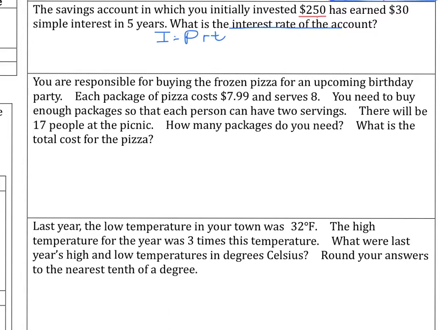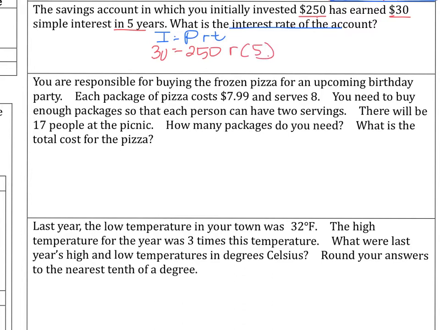The principal is $250, the amount you invested, or what you put in your savings account in the beginning. And it also tells you that it earned $30 in 5 years, so that's your interest. And it also told you that it took 5 years.